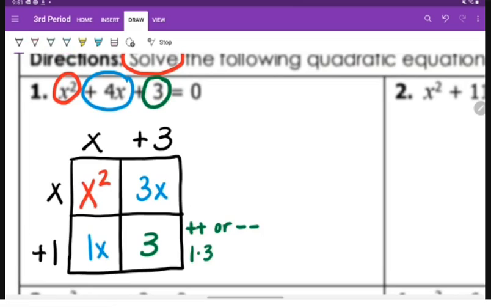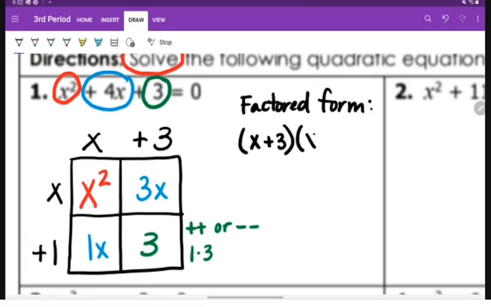So we have factored, but we are not done. Remember, the goal is to find the solutions, find the roots. So what we're going to do next is write this quadratic in factored form. So that looks like this. X plus 3 in parentheses times x plus 1 in parentheses equals 0.